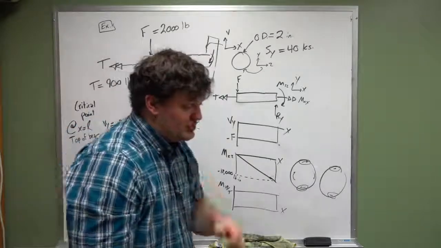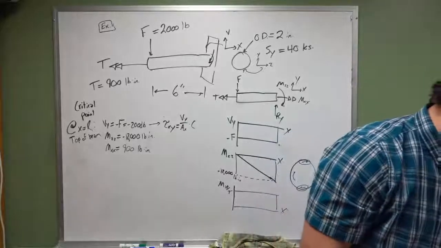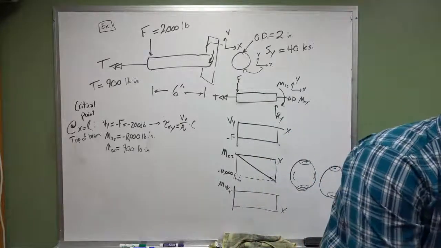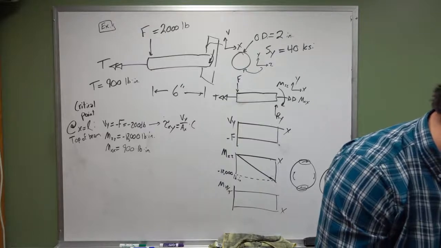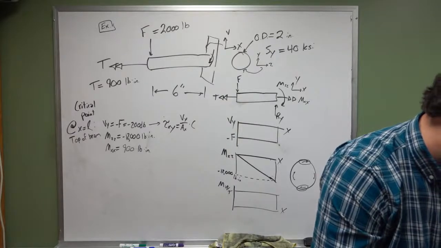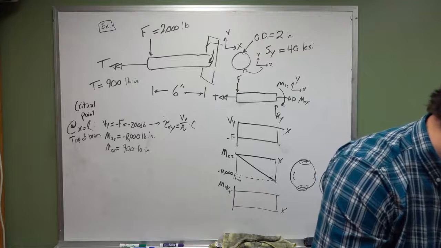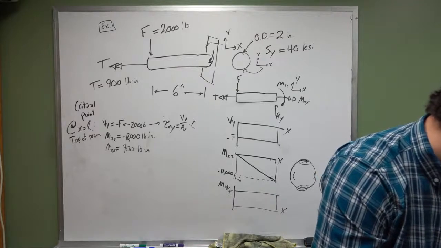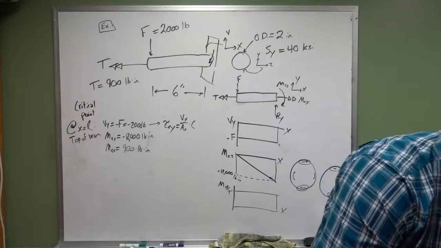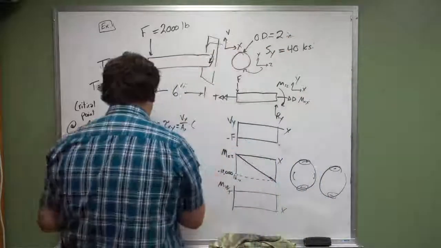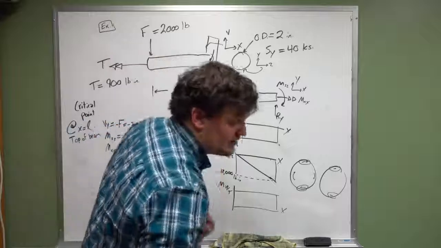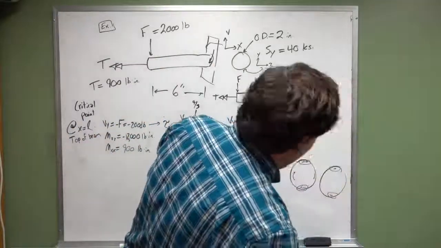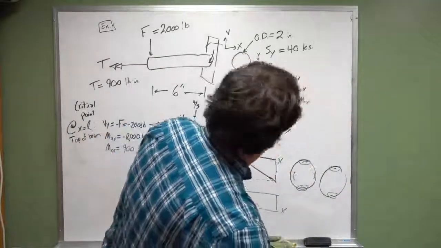If I look it up in my book, the value for c is 4/3, so 4/3 V over A, and again that's from table 3.2 on page 111.